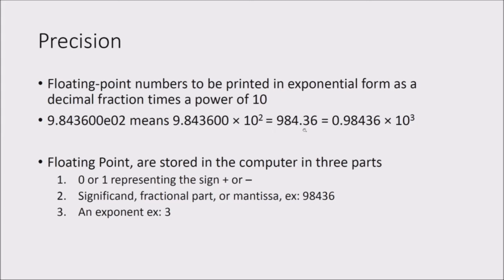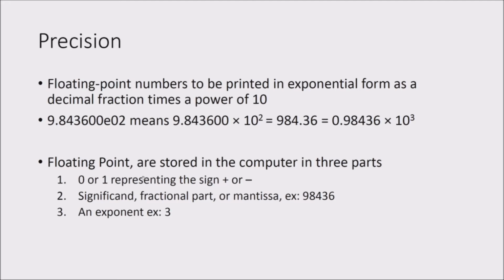You move this dot all the way to the front, and then if you move it all the way to the front, you have to have 10 to the power 3 to get it back. So that's what it is right here. This is usually called exponential form, and actually this is normalized form. This is what we're going to use.